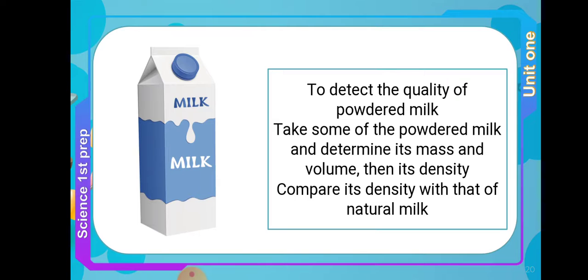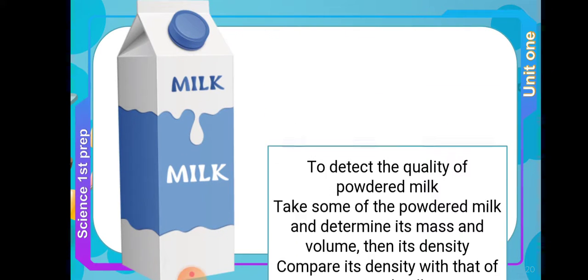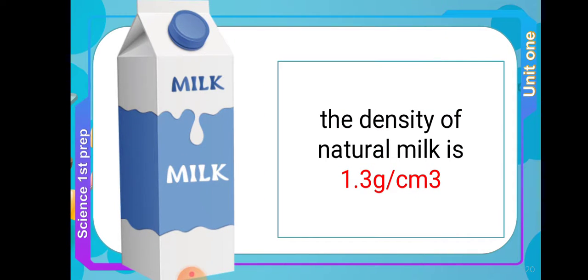Then compare its density with that of natural milk. As we know, the density of natural milk is 1.3 gram per cubic centimeter. So we use the density property to check the purity of different metals.